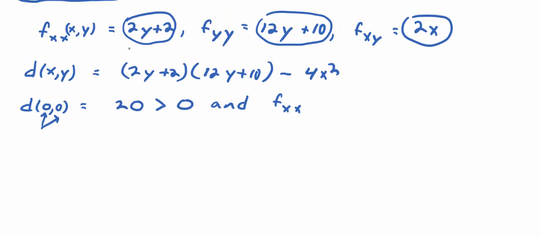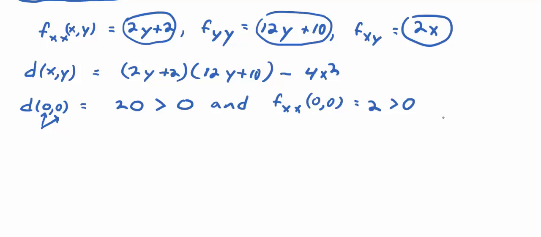When you plug in 0 in here, you'll get two, because this guy zeroes out as well, right? And that's greater than 0. And when the second derivative is greater than 0, then the critical point corresponds to a local min.